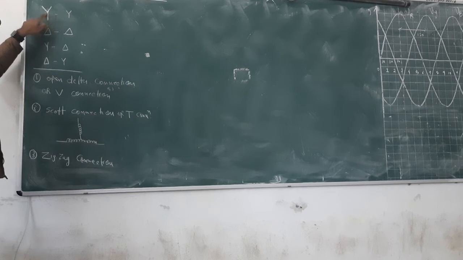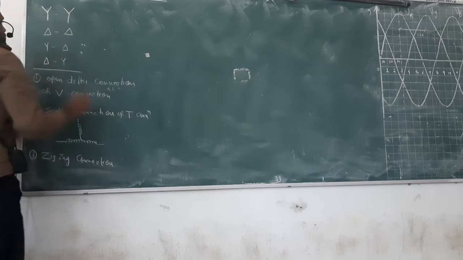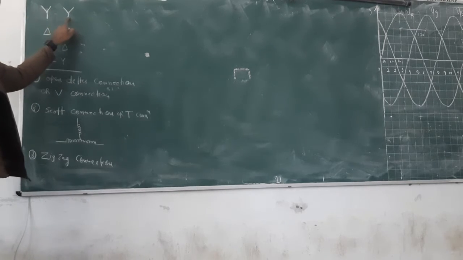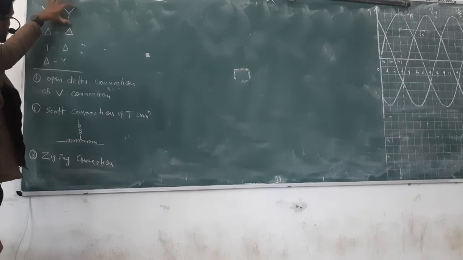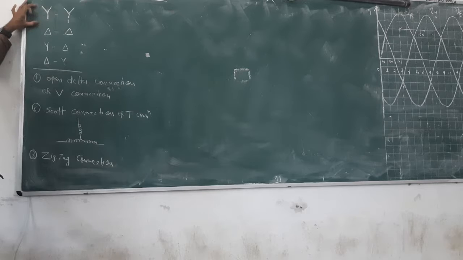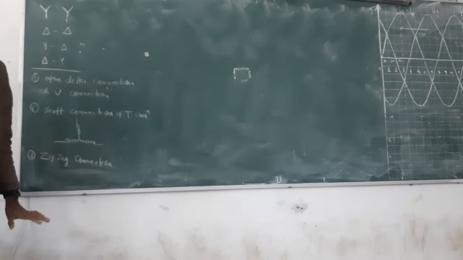Those EMFs, those voltages, will induce secondary voltage in this line. This one induces here, that one induces here, and this one induces here. Collect those line to line. So whatever line-to-line voltage you have applied, the same line-to-line voltage will come out in star-star. Okay.